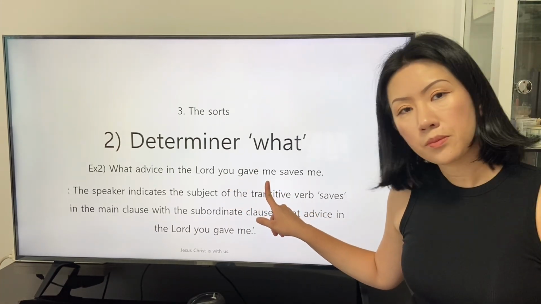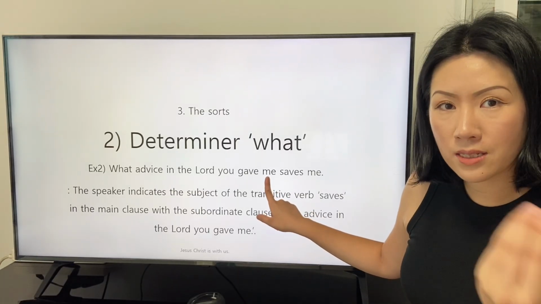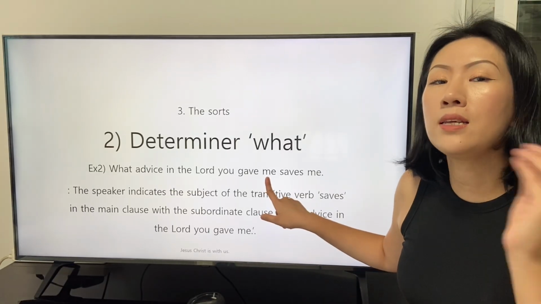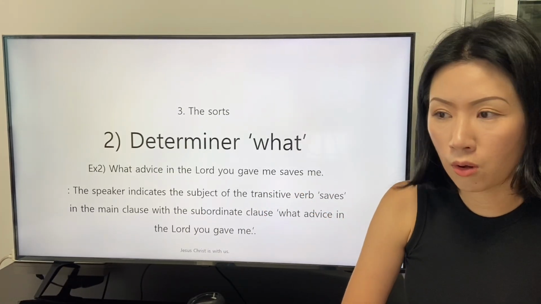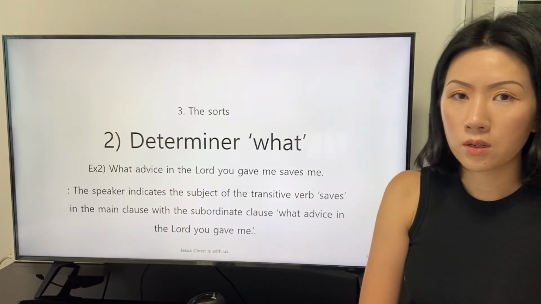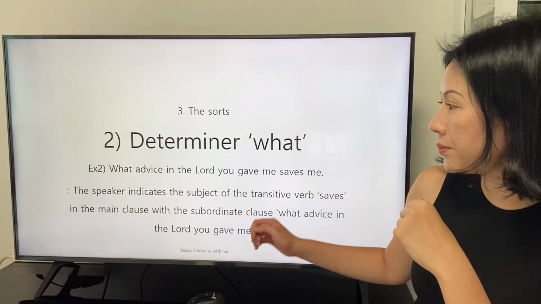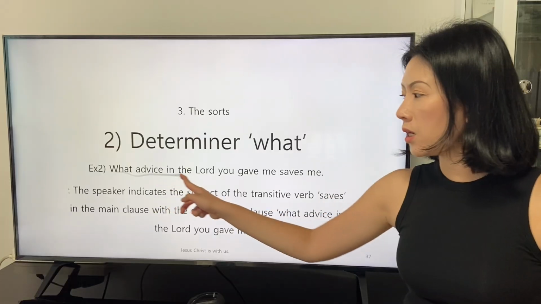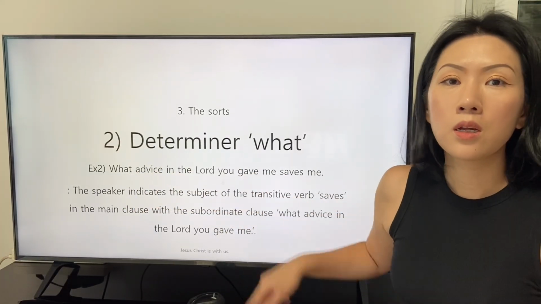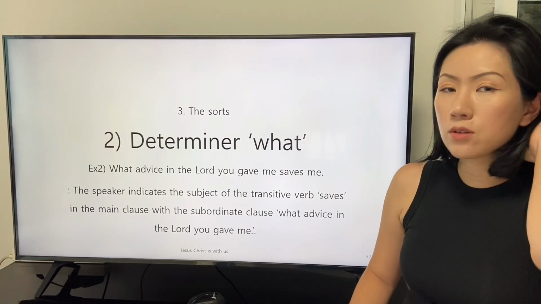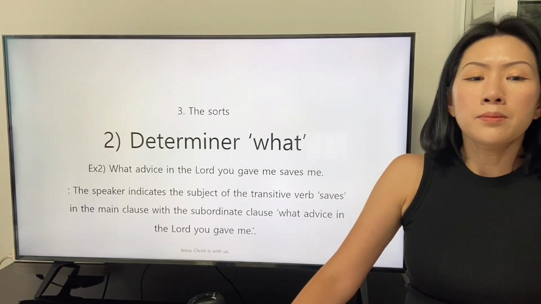The personal pronoun me, as the indirect object, is the final destination for the direct object from the subject. So we can find that the subordinate clause is stated in the fourth type of clause as well.